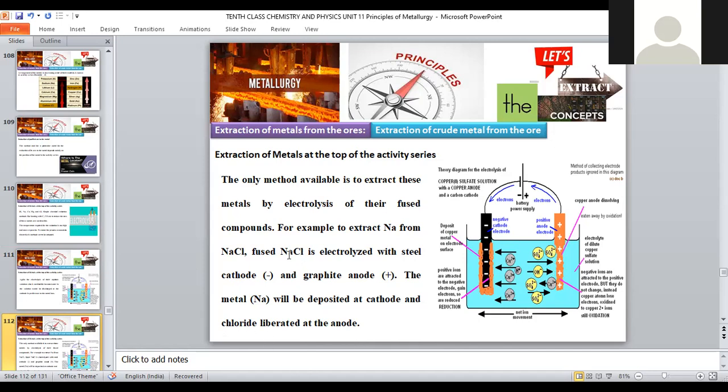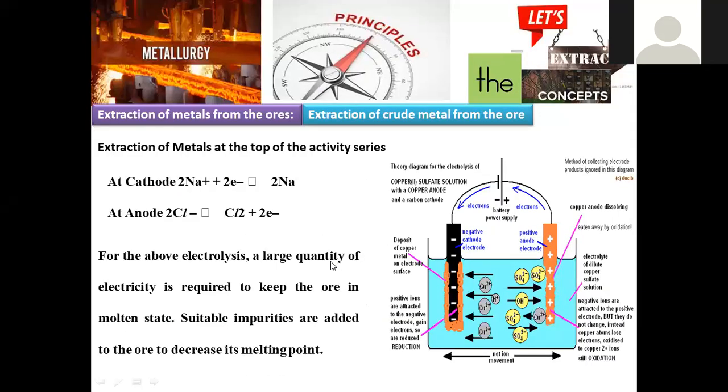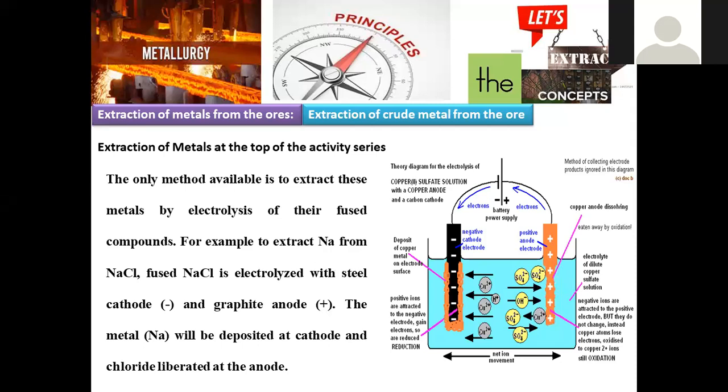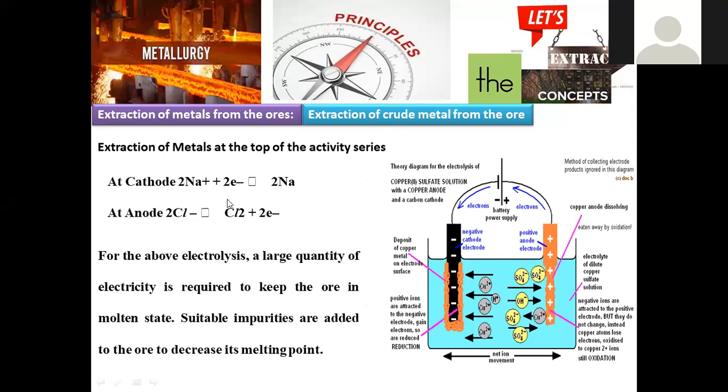Being sodium chloride, sodium at the cathodic region, chlorine in the form of chlorine gas evolved at the anodic. So chlorine bubbles we can clearly observe at the anodic region.